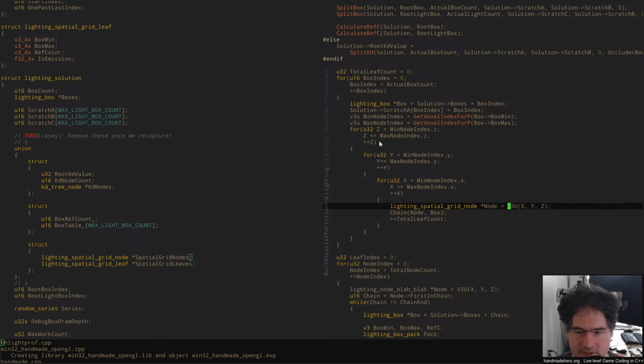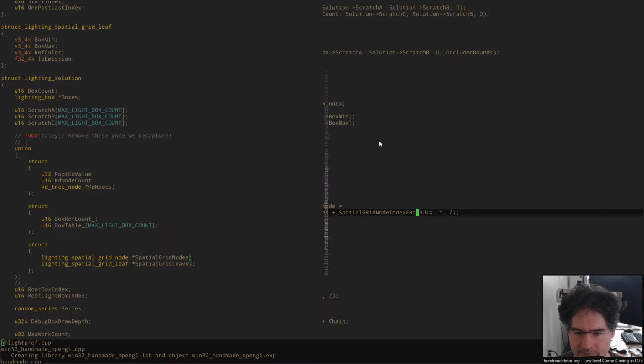We want to do something that allows us to get a node from an XYZ value. So we want to do something like solution spatial grid nodes, and we want to add a spatial grid node index from here.